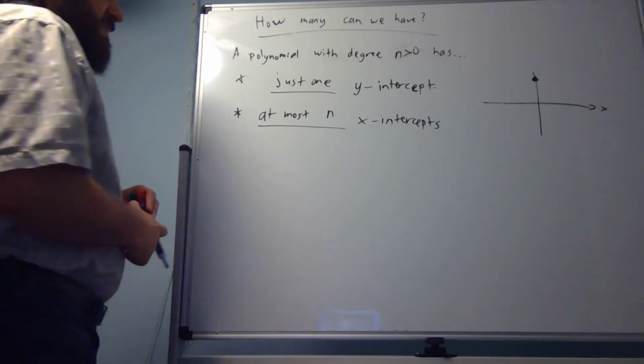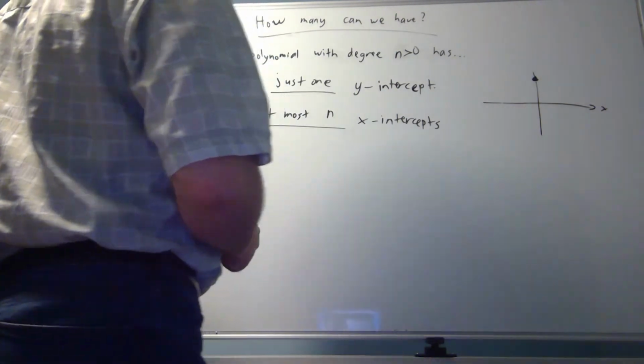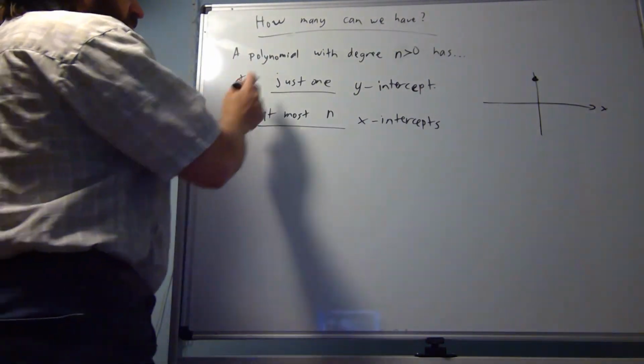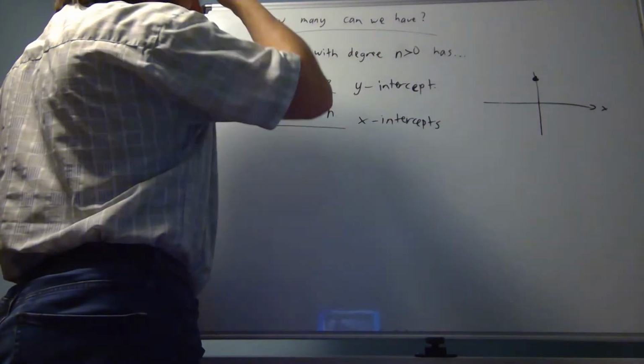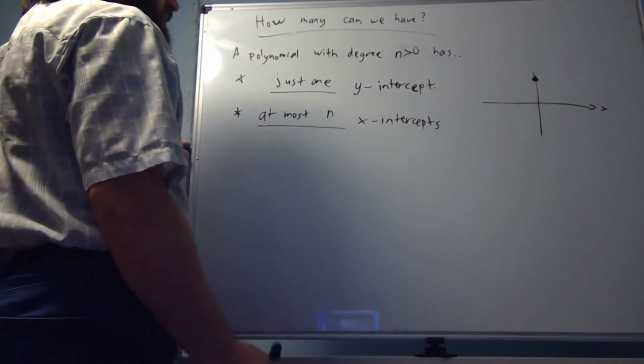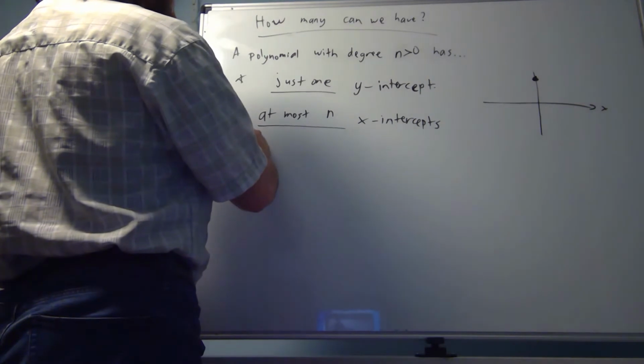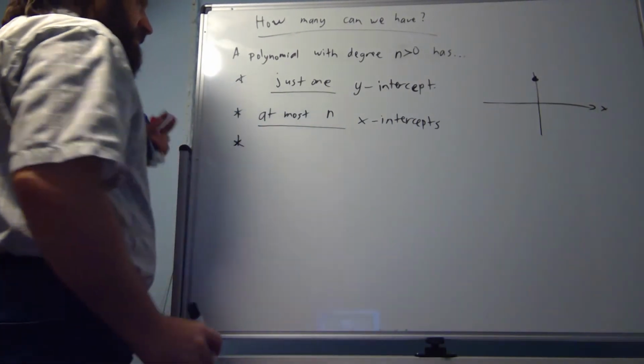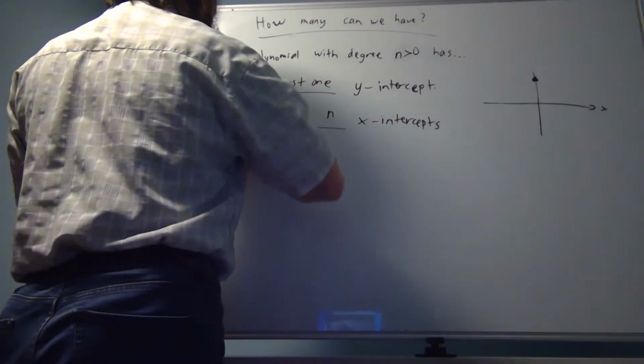So we're not going to worry about that too much. The whole point of this is we want to understand degrees that are at least 1. 2 we already kind of understand, but 3 and higher might be tricky.